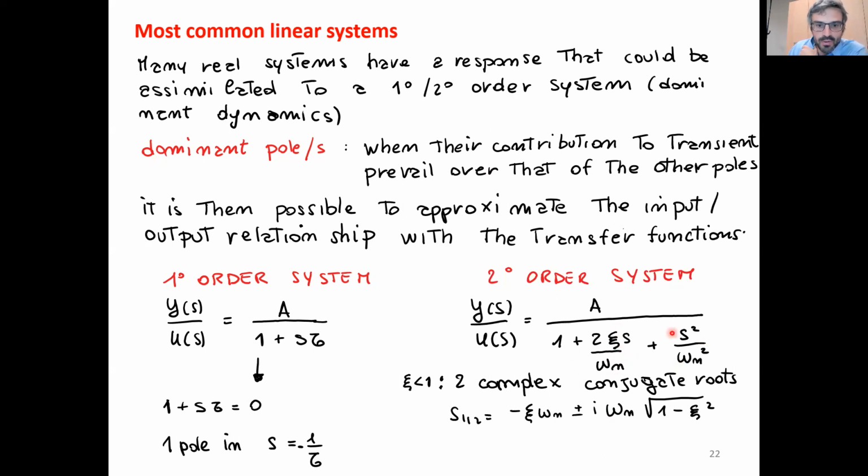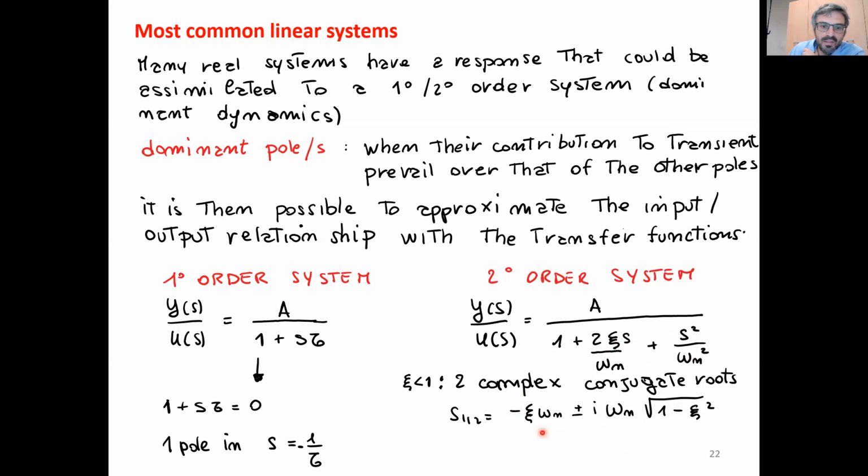And if you compute the roots of this polynomial, you get what? You get two solutions, and these solutions are minus z omega n plus or minus an imaginary term, because if you compute the roots of this, you get two complex numbers.